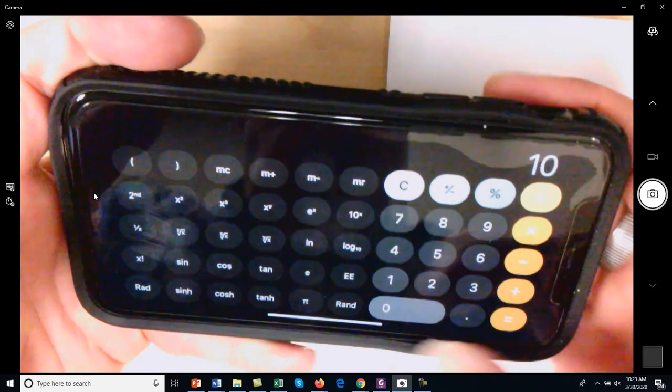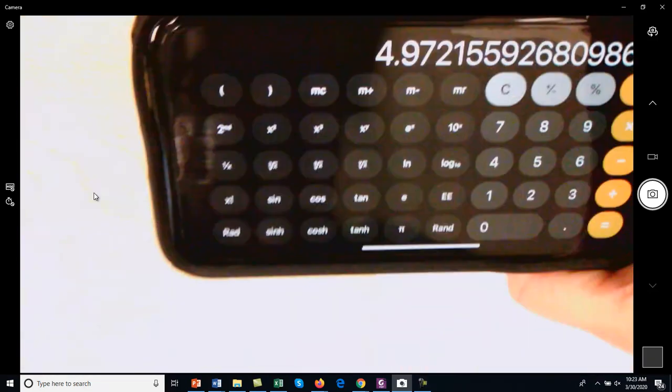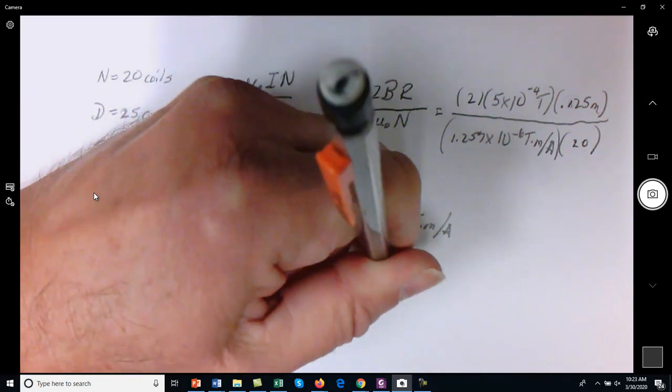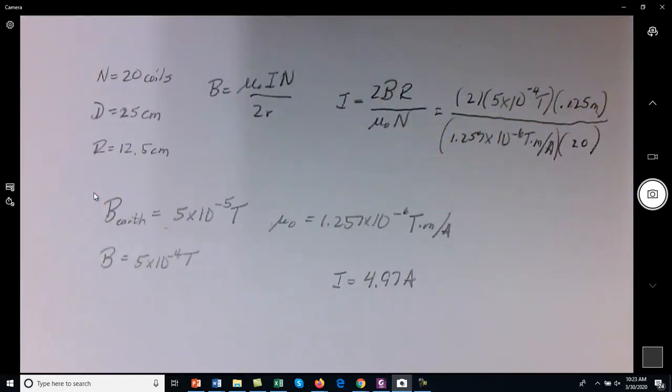And that gives me 4.97 amps. So the current needed for that particular problem is 4.97 amps.